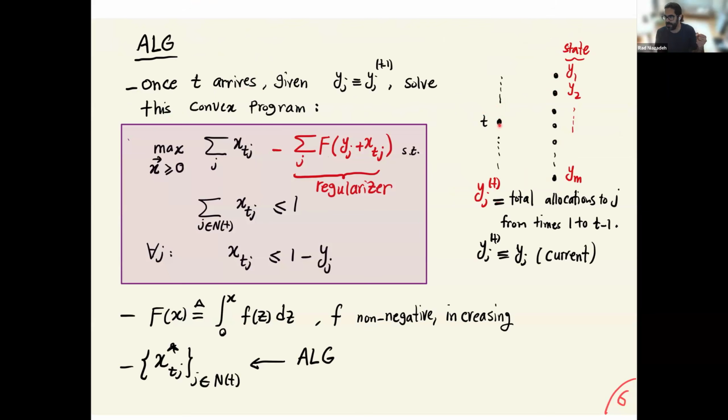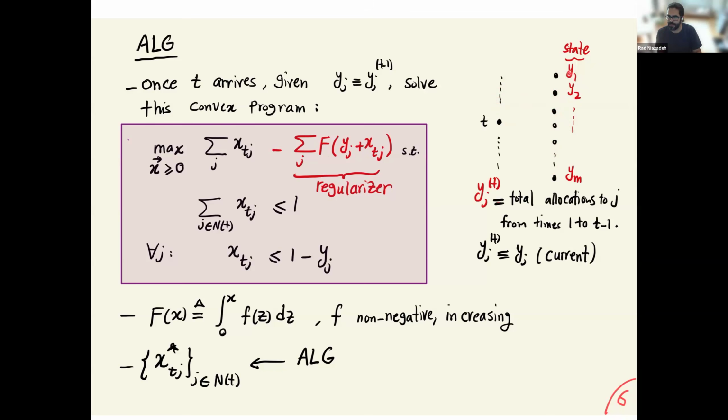At the moment that online node t arrives, the online algorithm has made some previous allocations. So you have allocated these online nodes in the past, and because of those allocations, you have a state in the system, which is how much of each of these offline nodes has been consumed in the past, basically the remaining capacity of these offline nodes.